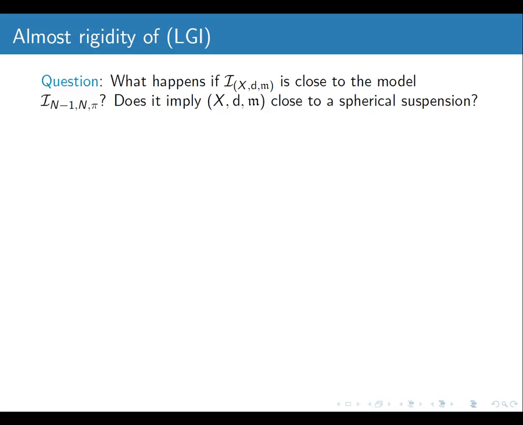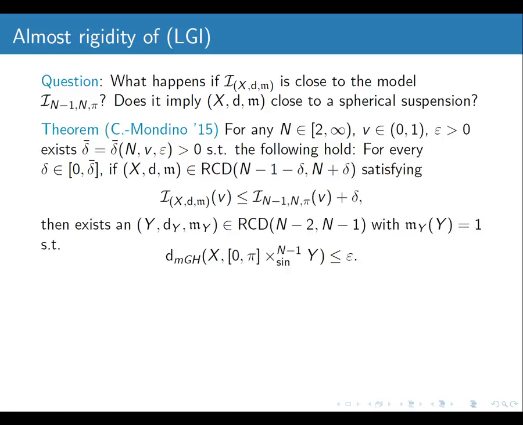If the isoperimetry of our space is close to the isoperimetry of the sphere, can we say that our metric space is close to a spherical suspension? Because we know that they are the only rigid spaces. And again, the answer is yes.